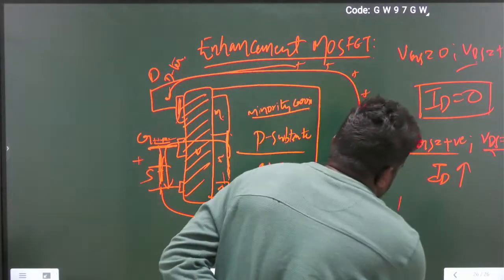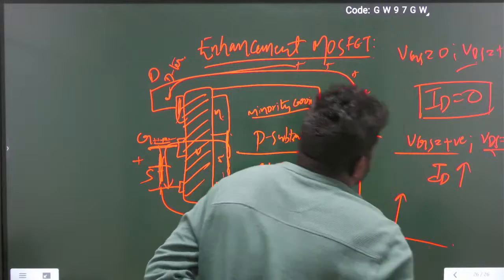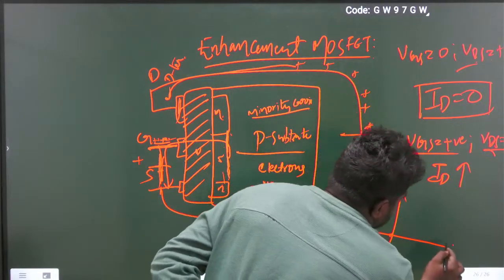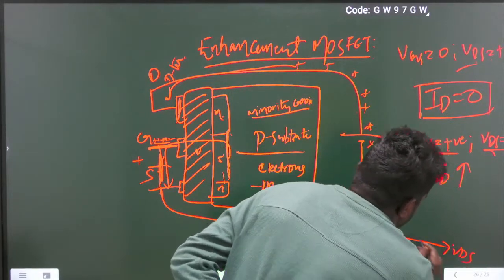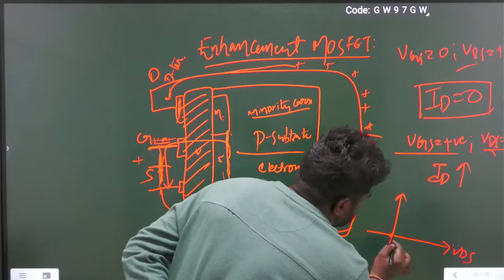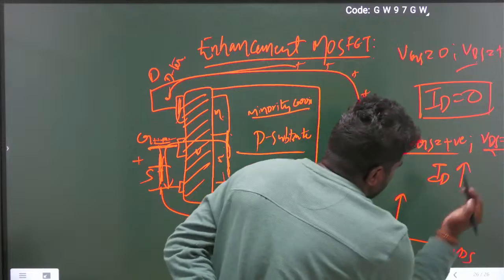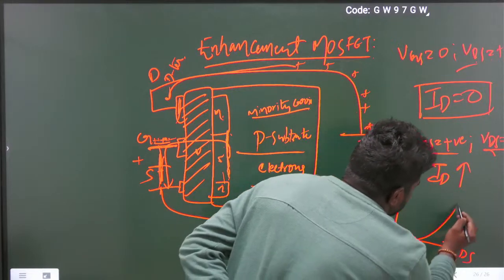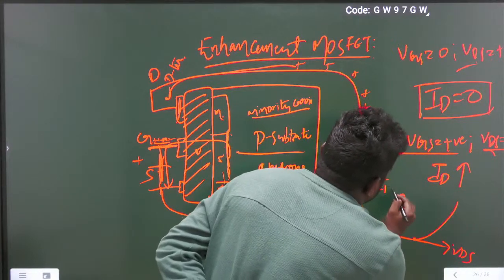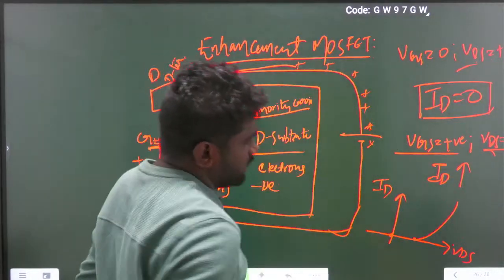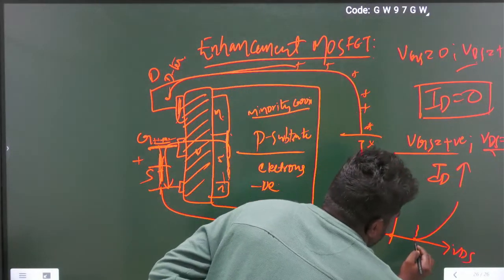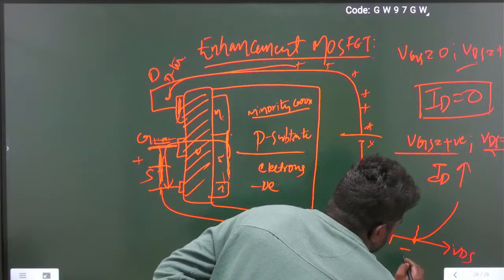Now see the diagram: even when VDS is positive, with VGS equal to 0 there is no current. When VGS is positive and VDS positive, ID will increase. This is the input and output characteristics of enhancement MOSFET. This voltage is called threshold voltage.